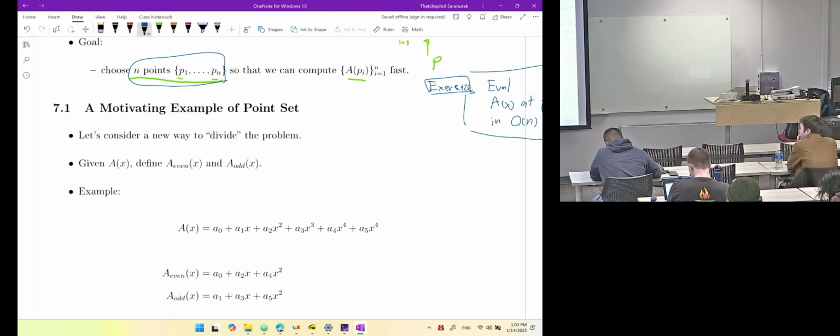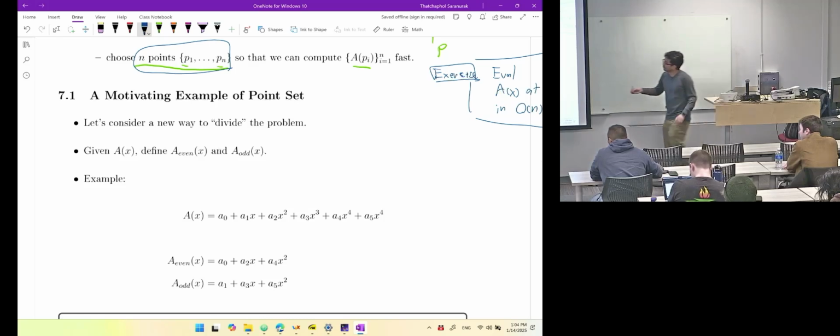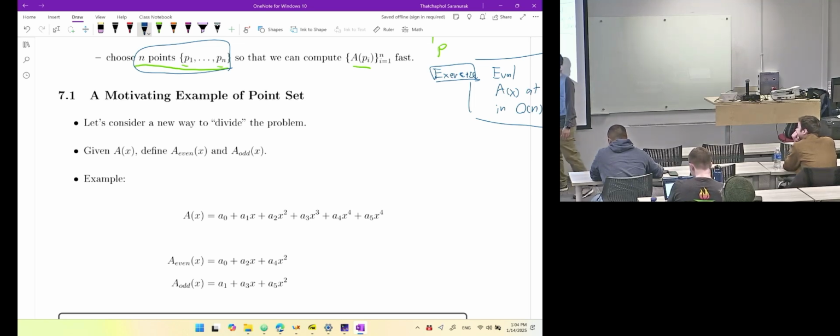I'm gonna define A even and A odd in the natural way. For example, if A has 6 coefficients, then A even would collect all the even coefficients, and A odd would collect all the odd coefficients, and the degree is half. I hope this is clear, the definition of A even and A odd.